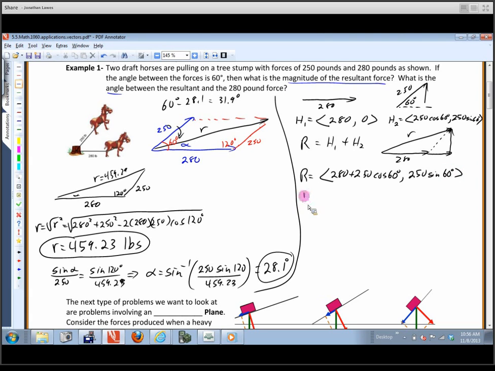And if I want the magnitude of that, all I do is take each one of these components, square them, and take a square root. So this is going to be the square root of the quantity 280 plus 250 cosine 60 degrees, squared, plus the quantity 250 sine 60 degrees, squared. So let's throw that in the calculator and see what we end up with.